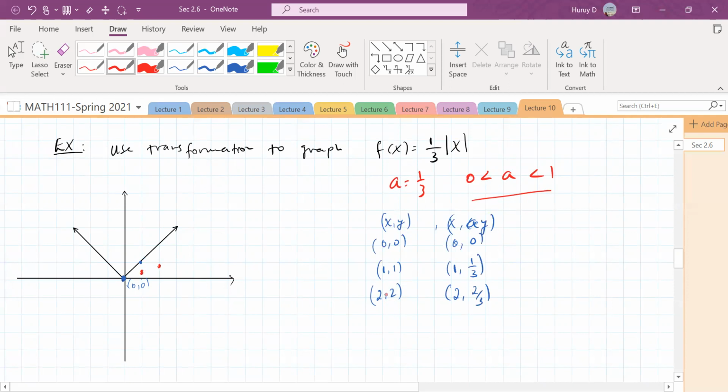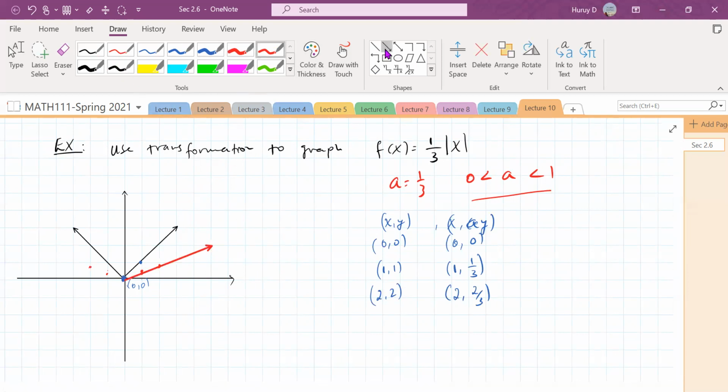And then on the negative side, similarly, we have -1, 1/3, and -2, 2/3, and so on. So if you connect this, you get something like this.